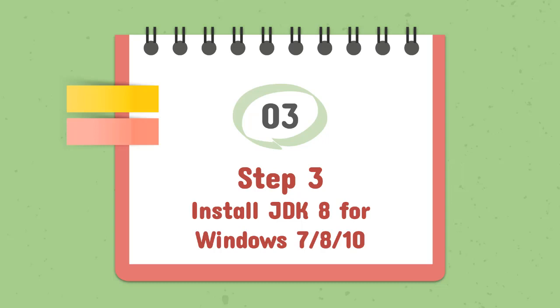Okay, if you have downloaded the installers, then you can start installing JDK 8 for Windows 7 or 8 or 10. For my laptop, I'll be installing for Windows 10 64-bit.